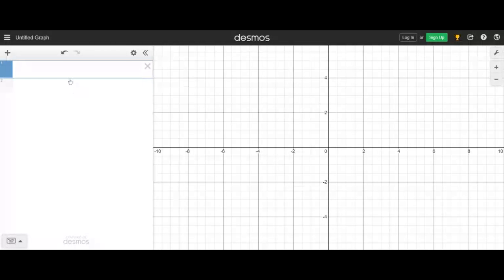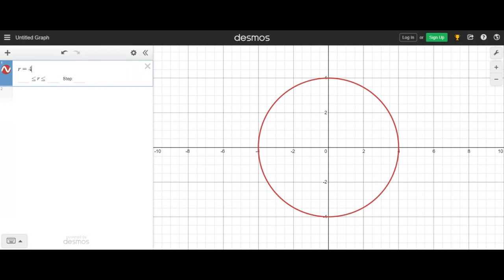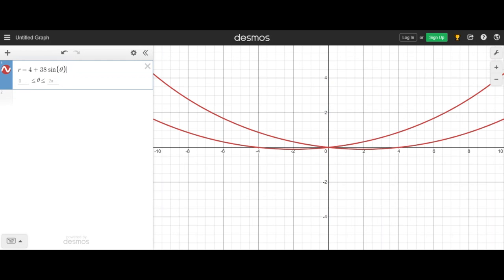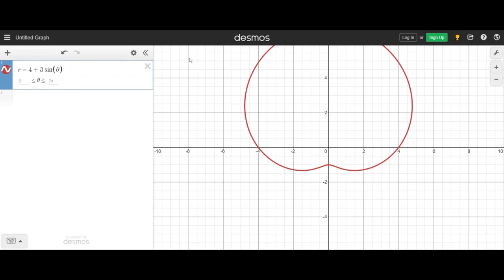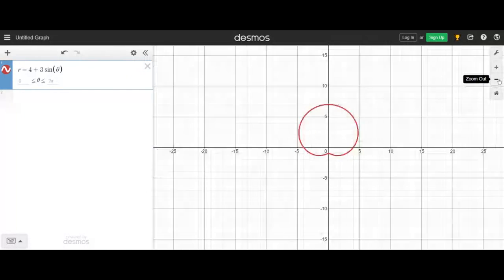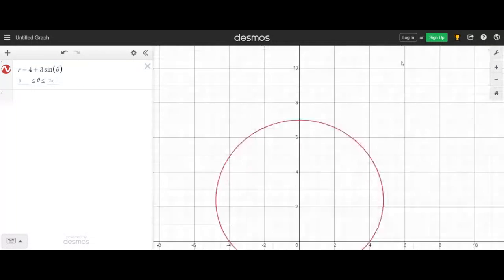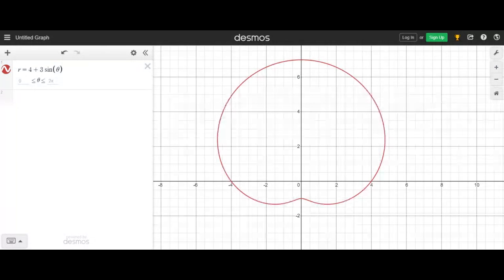Okay, so we're graphing r equals 4 plus 3 times the sine of theta. Obviously, I got a typo there, don't I? That's better. Let me zoom in a little bit. Nope, zoom out. Move this down a little bit, maybe. There we go. That's a pretty good picture, right?